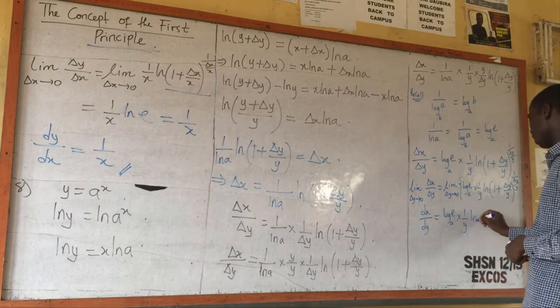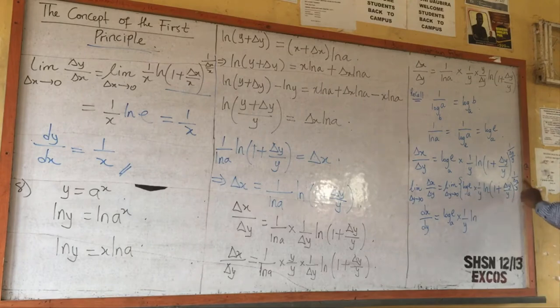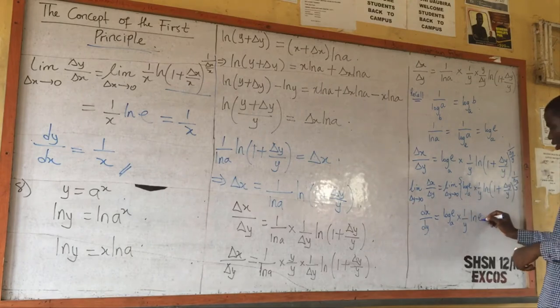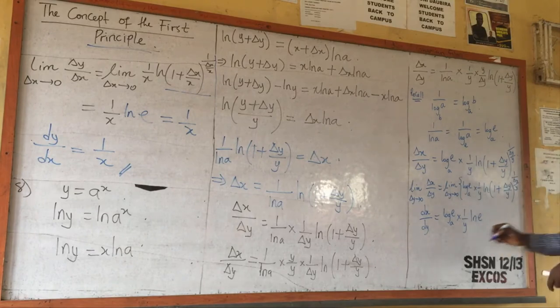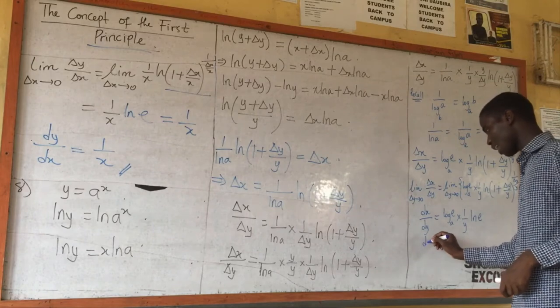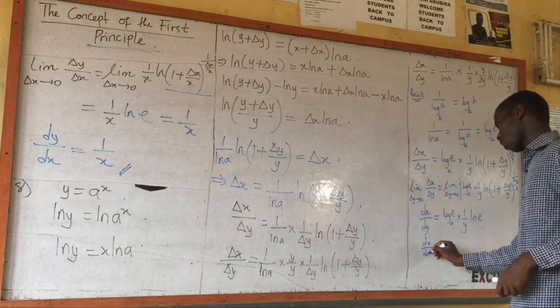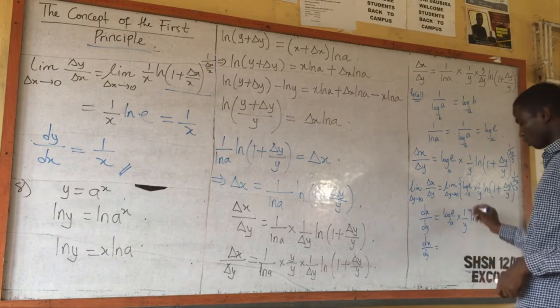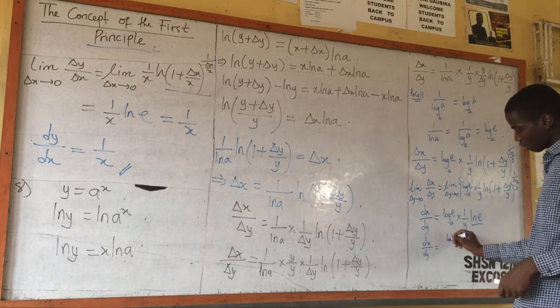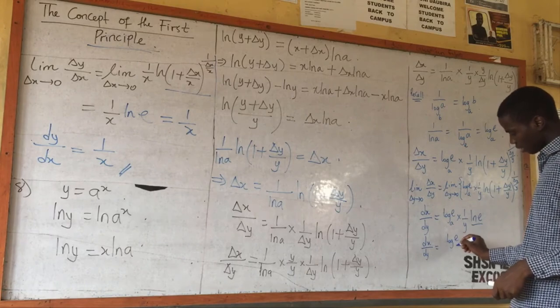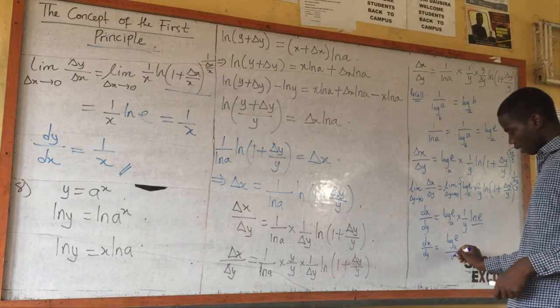Then this one will become the limit as delta y goes to 0 of everything here, which will become e. So ln of e, I've told you before, is the same thing as 1. This is log e base e, which is 1. So at the end of the day, I have ds over dy equal to 1 times log e base a all over y.